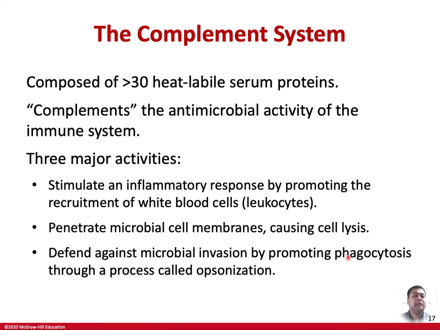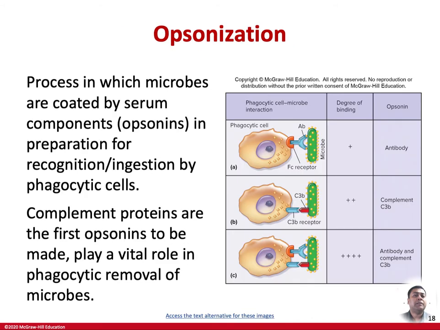We'll come back to that later. Now, once the complement system coats them with particular things, the amount of phagocytosis will increase. And this increase in phagocytosis is known as opsonization. The process becomes more efficient. So let's take a look at what it does.